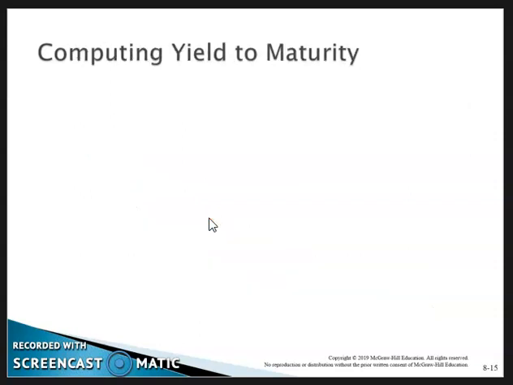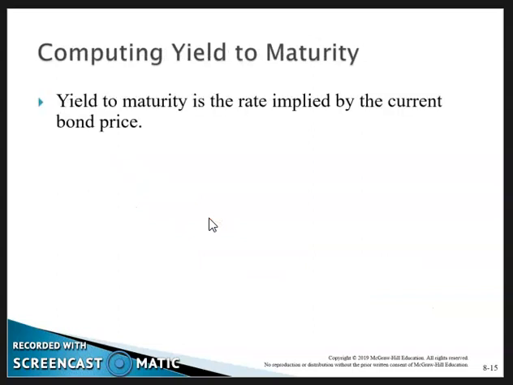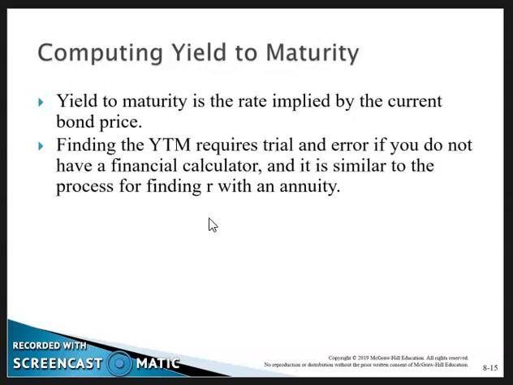So, computing yield to maturity. Yield to maturity is the rate implied by the current bond price, the investor's required rate of return. Finding the yield to maturity would require trial and error if you don't have a financial calculator. But we do have a financial calculator, and it gives us two different ways to calculate yield.